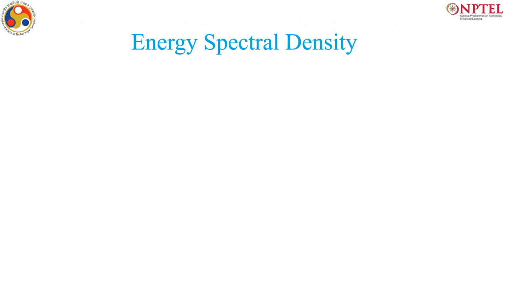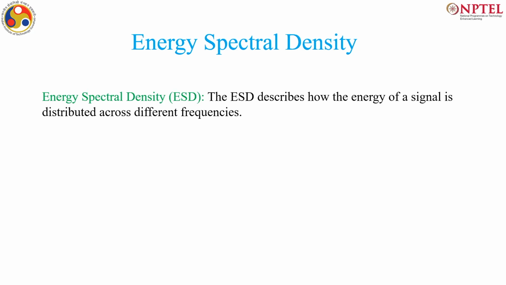Now, we will introduce a new term, which is energy spectral density. Energy spectral density is how the energy of a signal is distributed across the different frequency components. So, how do we obtain it? Let us say we have an analog signal x of t. Of course, this is for the theory; for computation purposes, we will again go back to the discrete time counterparts.